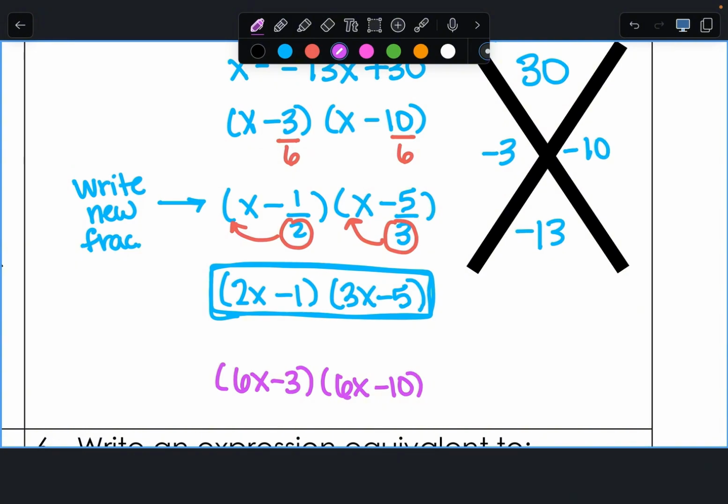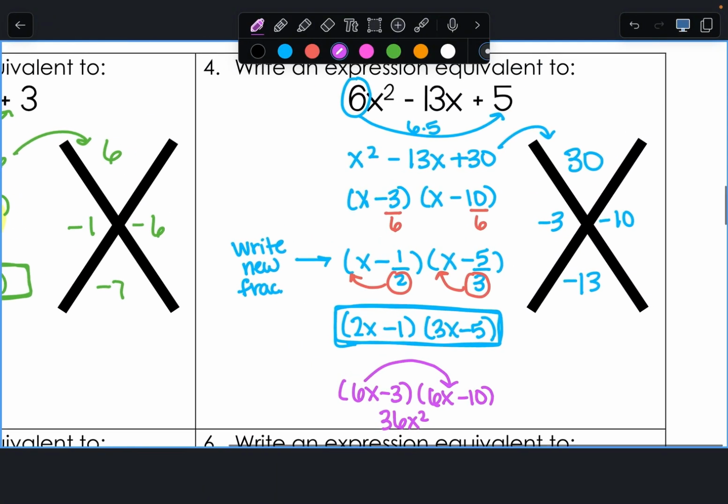Remember, these binomials have to multiply back to get your original expression. But 6x times 6x is what? 36x squared. Is that what we're looking for? No. So you can always double check your work. You can always double check to see, did I do this correctly? Did I miss a step?